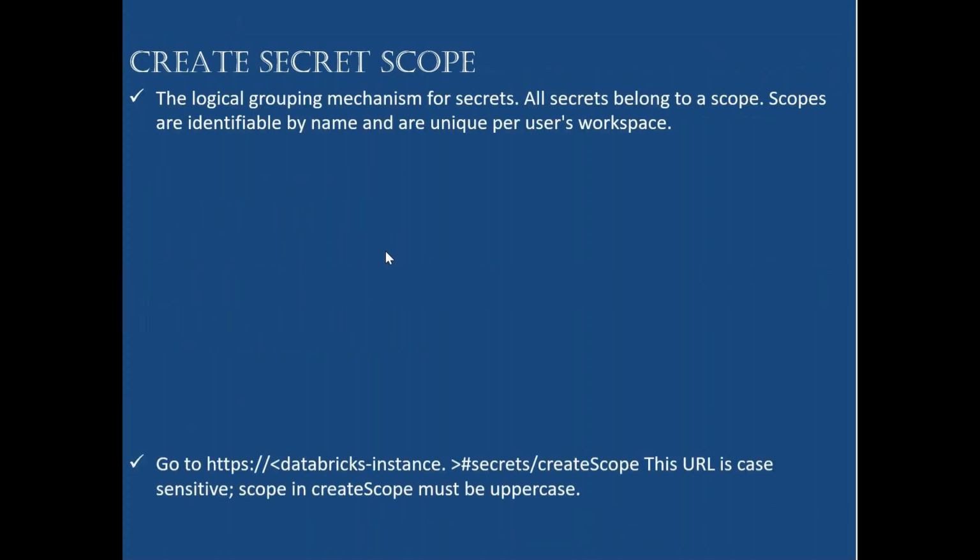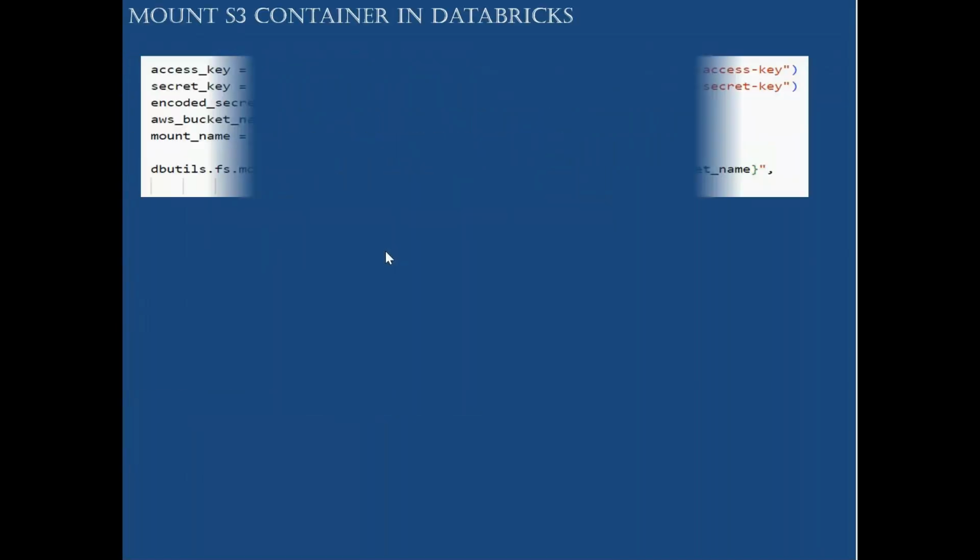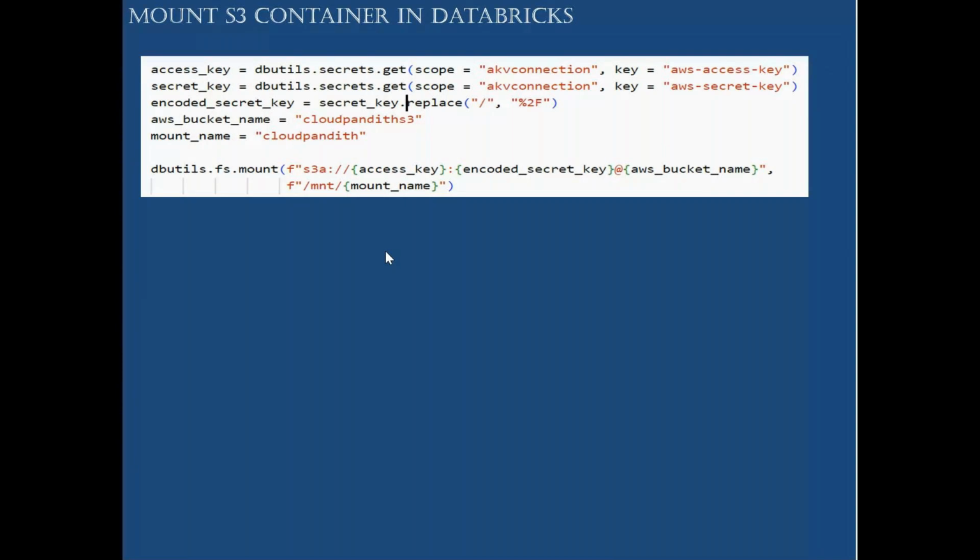So create scope, using this URL, you will create a connection to the key vault. So mount S3 storage from the Databricks. This is how we need to do it. So first one is, team, you need to give the mount name, which is nothing but your container name. AWS bucket is nothing but your storage name.